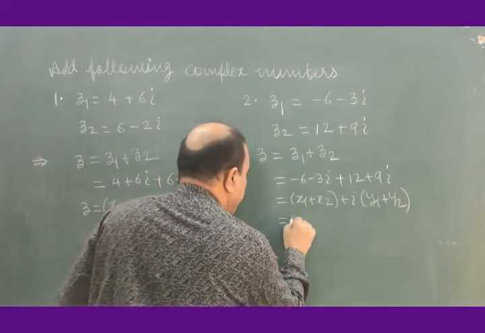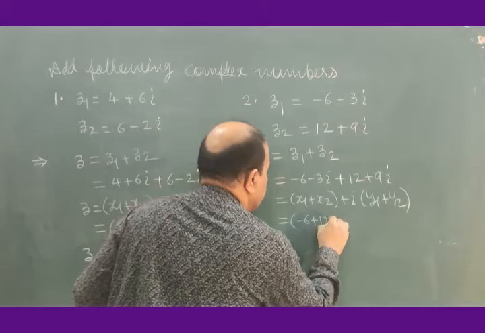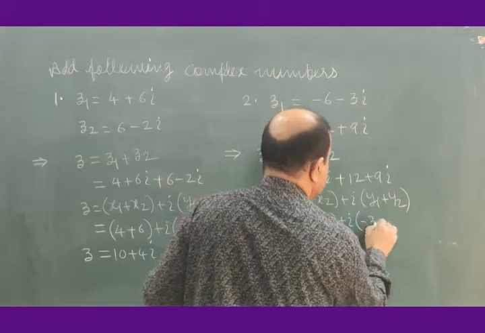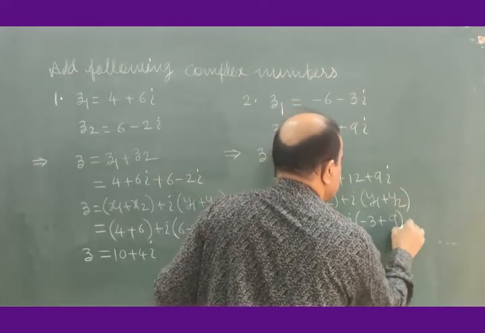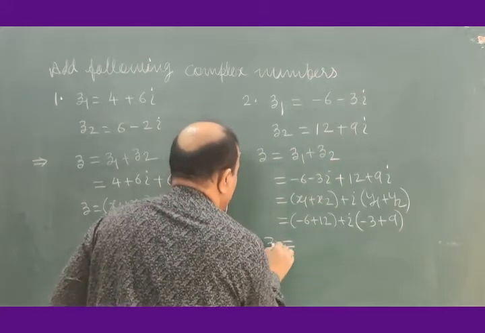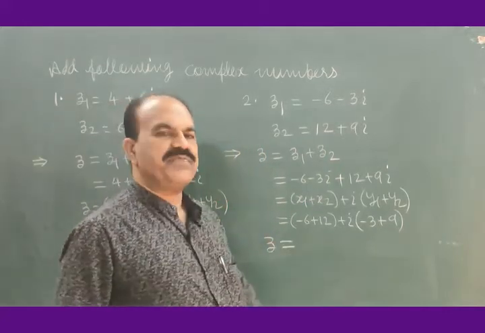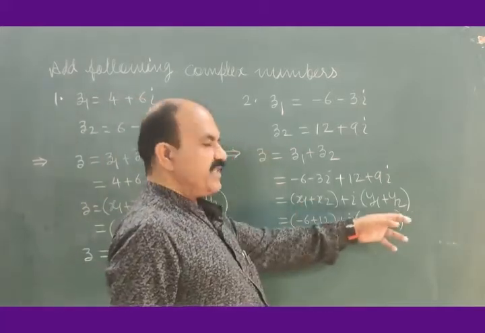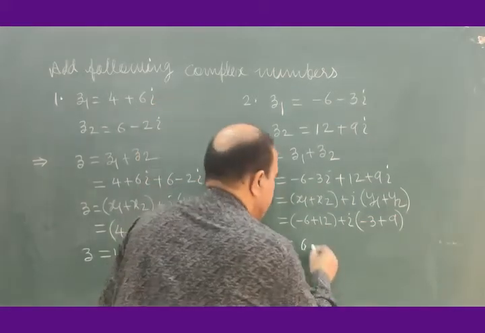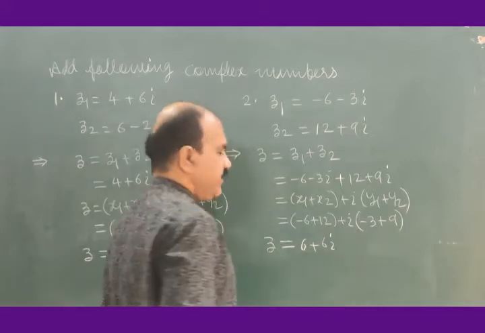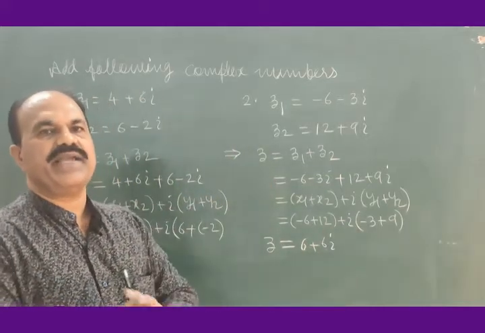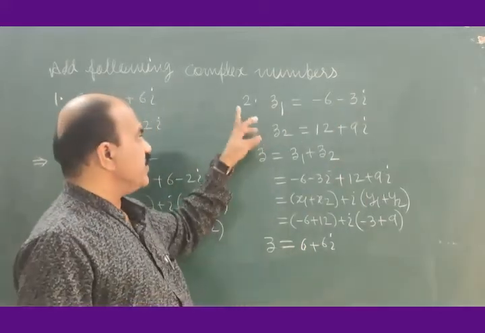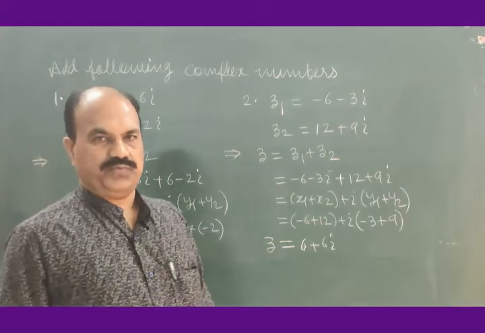Put it here: minus 6 plus 12, plus i into, y1 is minus 3 plus y2 is 9, that is equal to 6 plus 6i. 6 plus 6i is the addition of these two complex numbers Z1 and Z2.